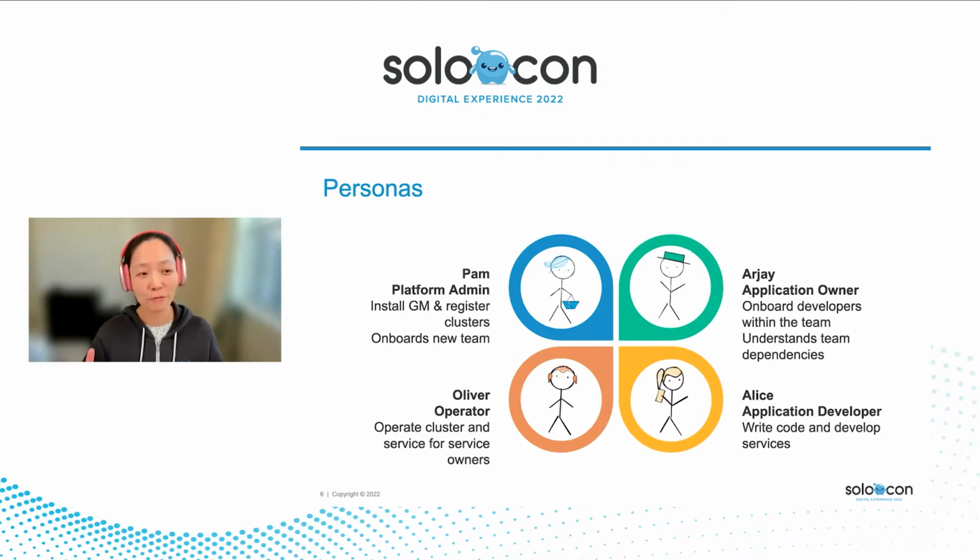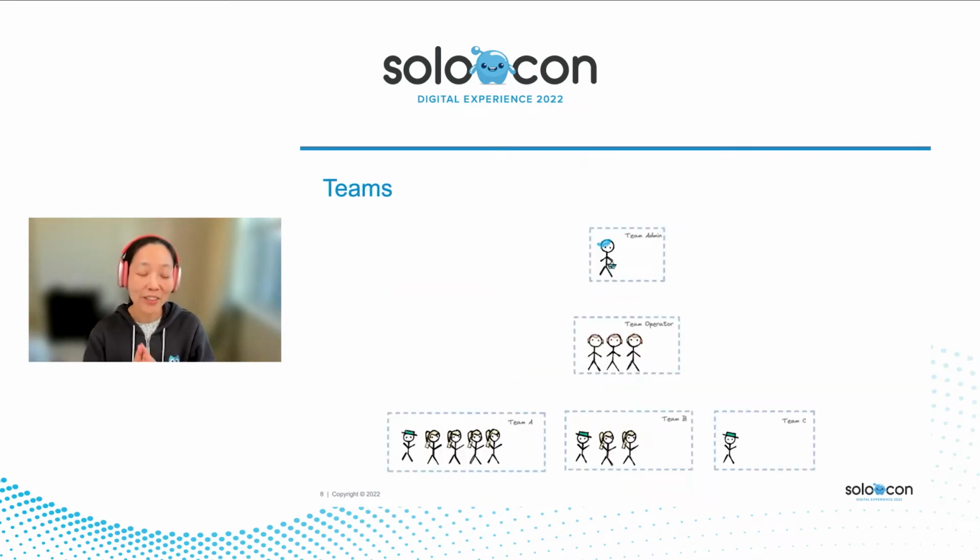Even though we have four personas here, depending on the size of your organization, you may see Pam and Oliver combined as one role, and RJ and Alice combined into one role. But the key thing is there is a clear separation between the left and the right side as far as personnel. This is probably very familiar to you.